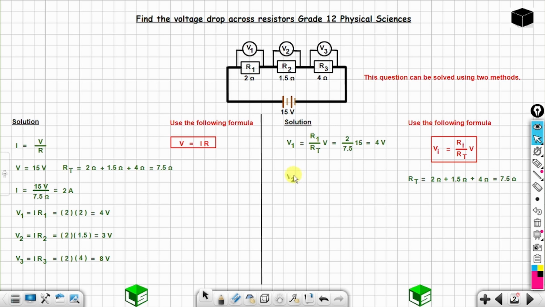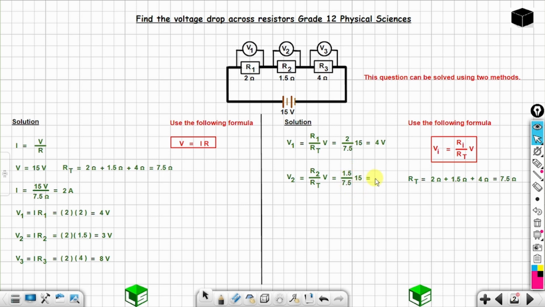Now V2, you're going to have R2 over total resistance times V. This is equal to R2, which is 1.5, over total resistance 7.5, times V, 15. This is equal to 15 divided by 7.5, which is 2, times 1.5.